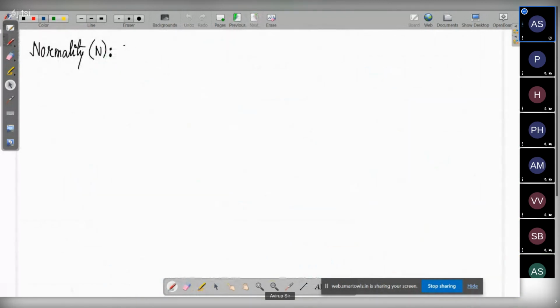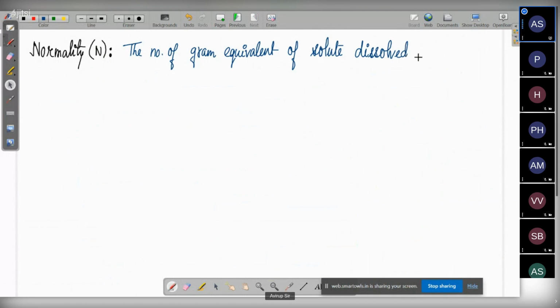And this one will be the number of gram equivalent of solute dissolved per liter of the solution. So this is the definition.